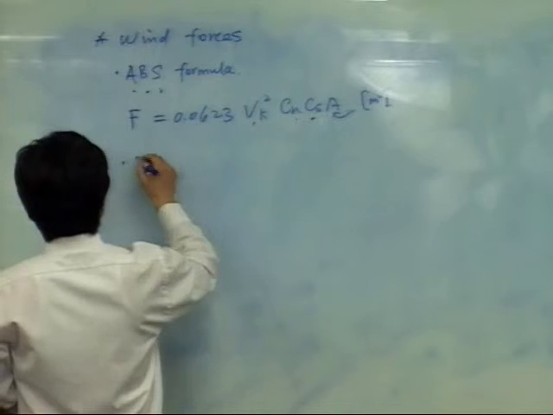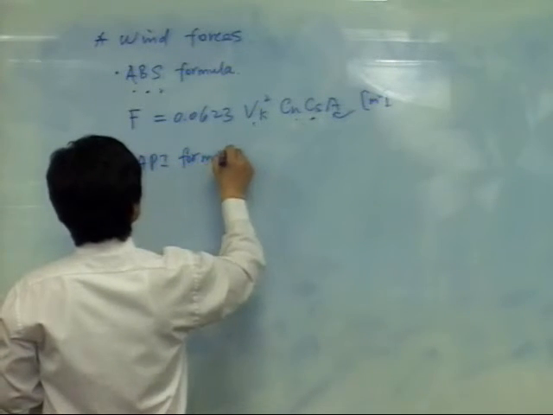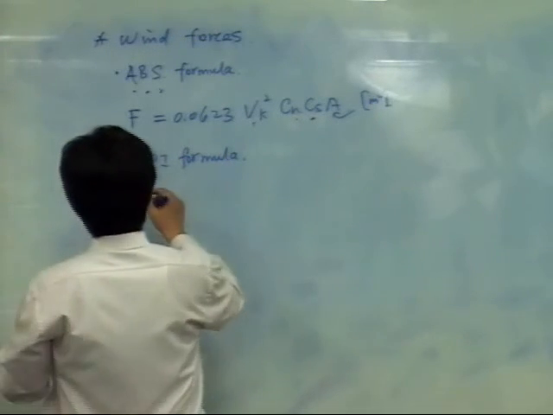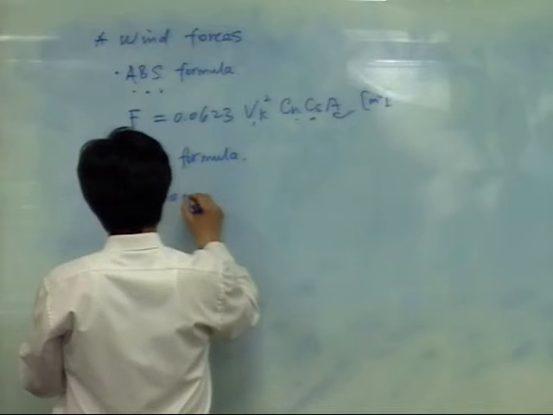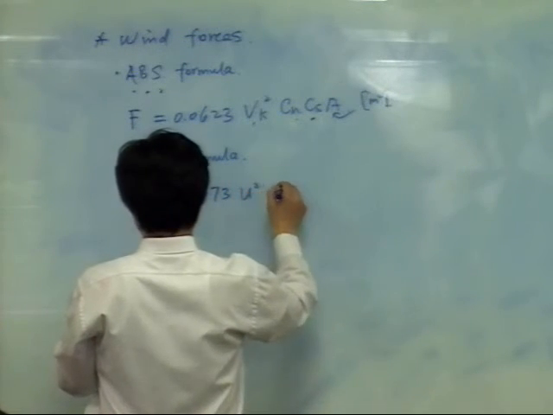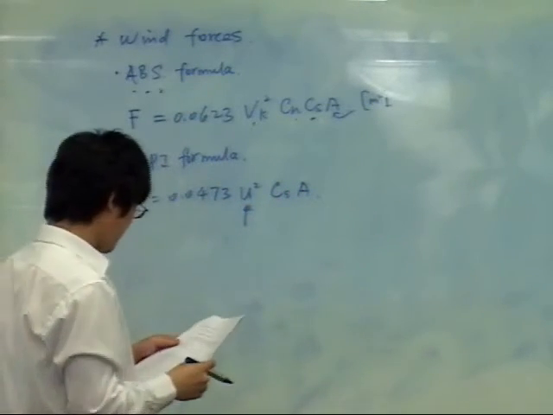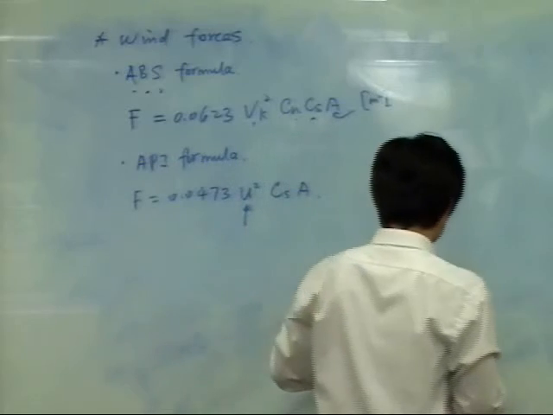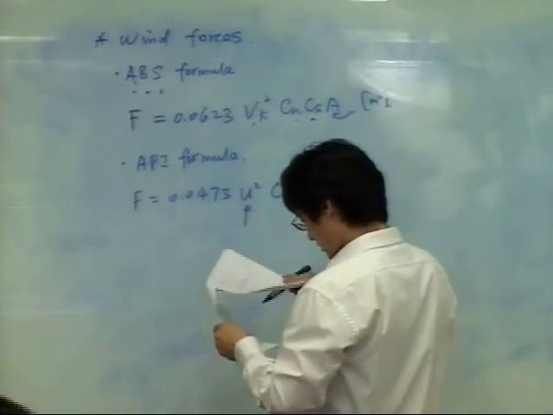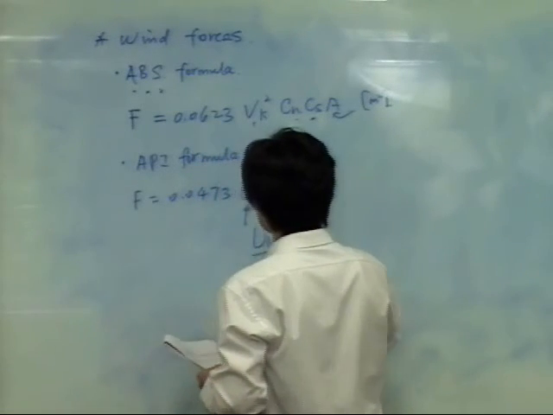The other is the API formula. U is the wind speed, CS is the shape coefficient. And here is U10 actually.